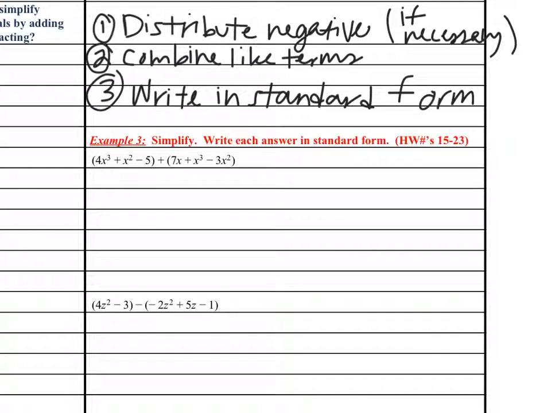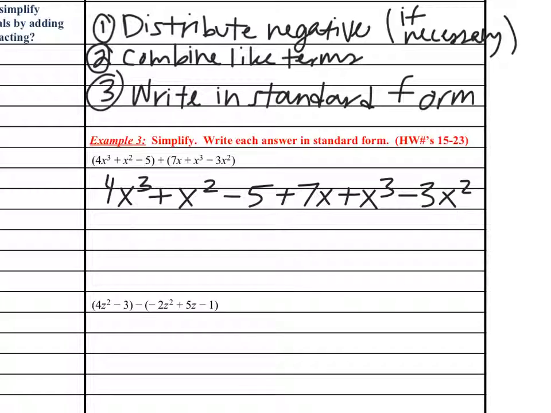So I'm going to rewrite it all together. This is 4x cubed plus x squared minus 5 plus 7x. I'm just taking out the parentheses because I'm not going to distribute anything. Plus x cubed minus 3x squared. In order to be like terms, they have to have the exact same variable.